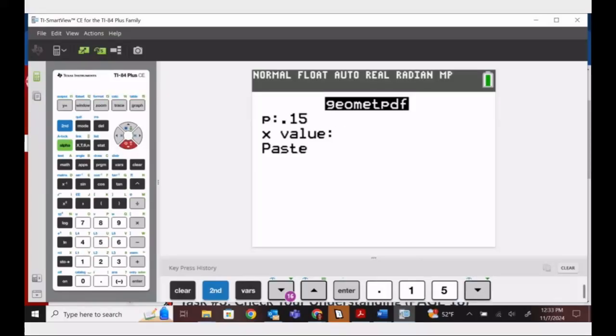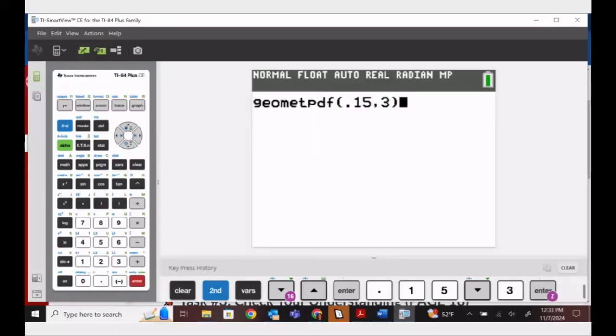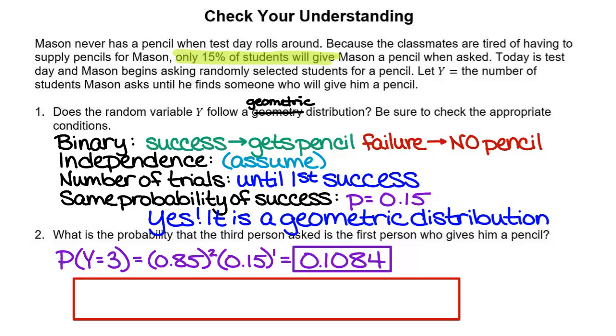What are we going to put in for x? 3. Then we're going to paste that in and hit enter. 0.10084 if I round it to 4 decimal places. You could do a geometpdf feeding it p, the probability of success, and x, and we get the exact same thing.